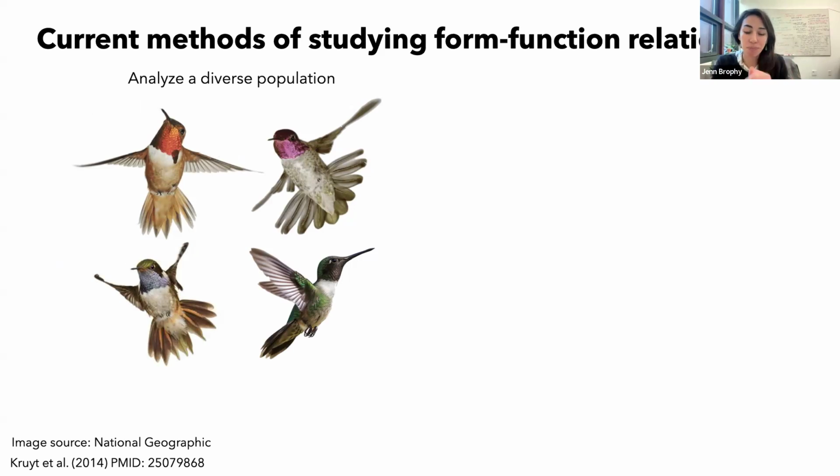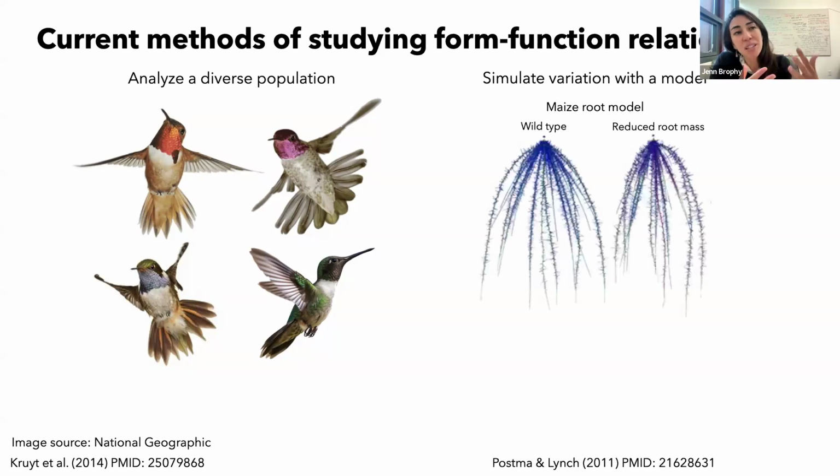Analogously, the same type of thing is done in plants, where as you put together a population of plants with variation in some feature, it becomes challenging to attribute any difference in survival to that feature. To circumvent this, people have started simulating variation in structure with models.